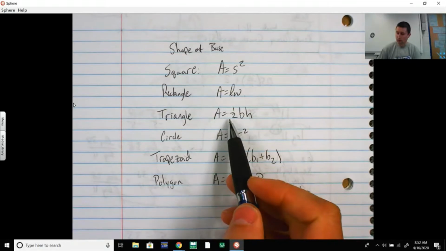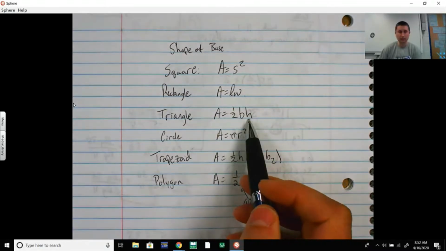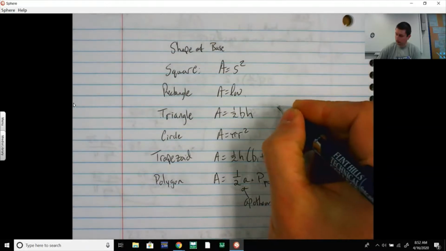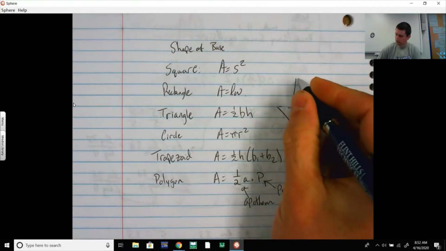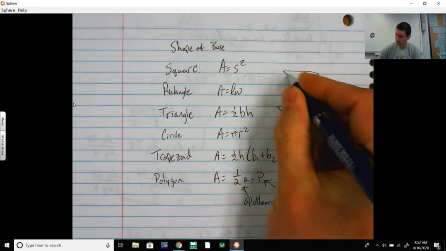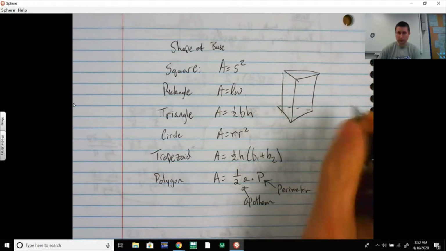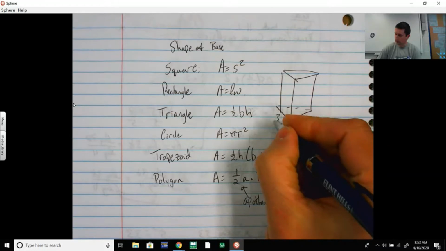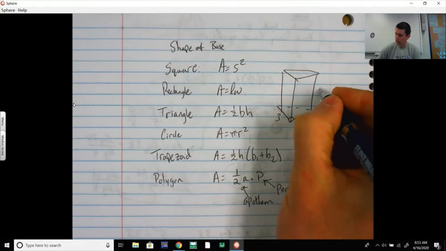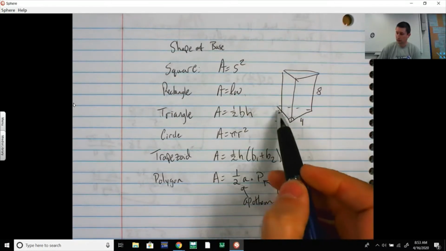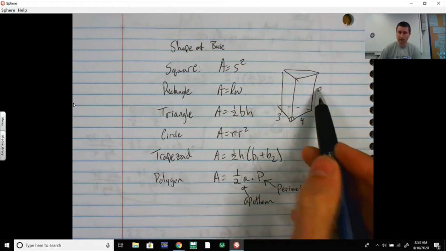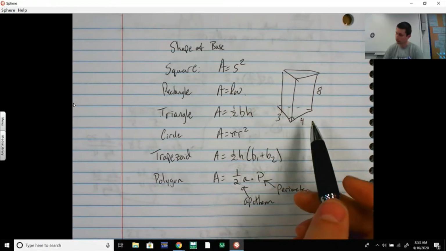A triangle would be 1/2 base times height of the base. That one can get kind of tricky. Okay, there's your triangular prism. Make sure your base and your height, if this is 3 and this is 4, and this can be 8. So this would be 1/2 times 3 times 4. There's the area of your base times your height. Then you take it times 8.